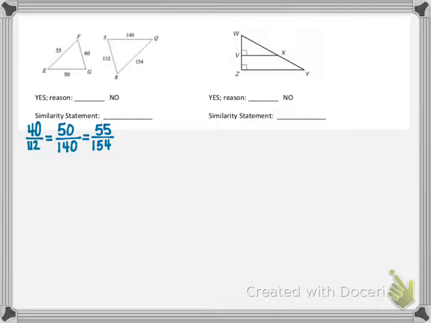Are all of those the same? When you put those into your calculator, you're going to get 5/14, 5/14, and 5/14. So, since all those ratios are the same, yes, they are similar because all the sides are proportional. So that's side-side-side similarity.